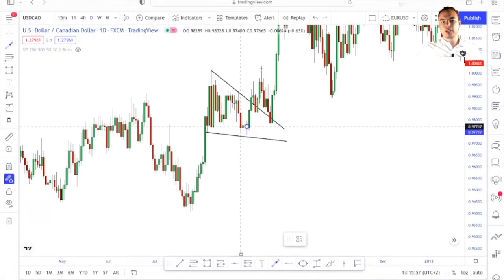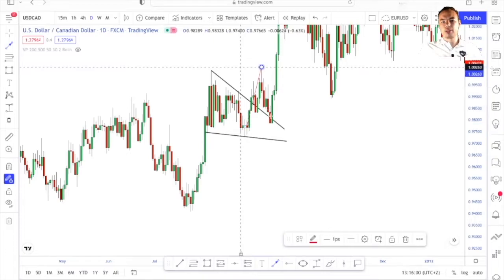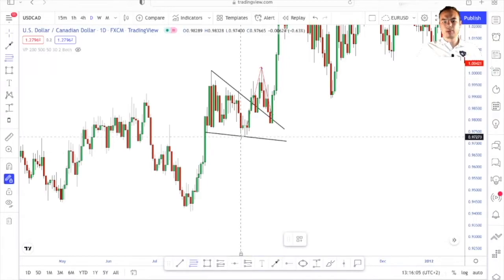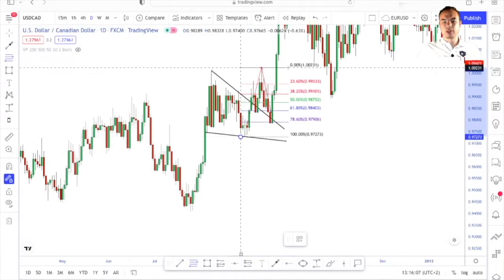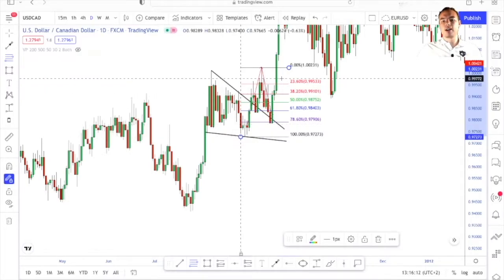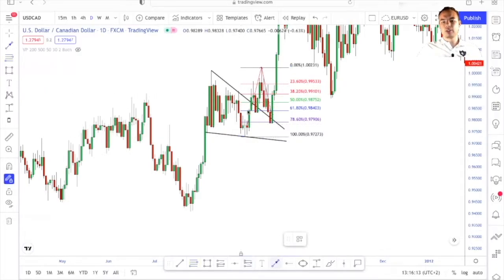So as you can see, price broke out, made a higher high, came to retest. Okay, retest. I mean, you can put, let me show you an example, Fibonacci from there to there, 78.6%, bullish engulfing, you buy. So you've got your market formation, your market structure, your Fibonacci and your candlestick, bullish engulfing.